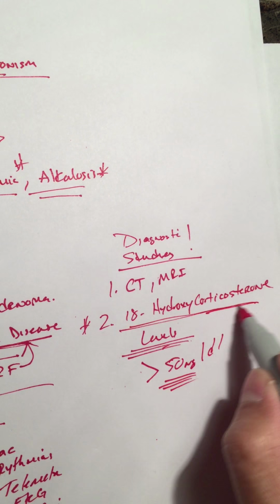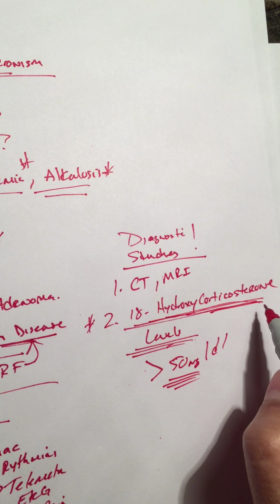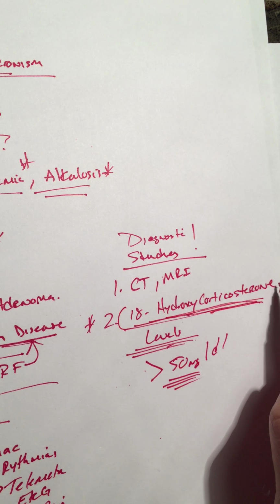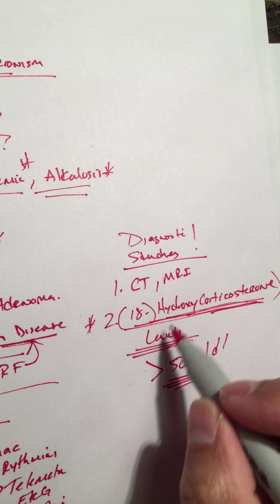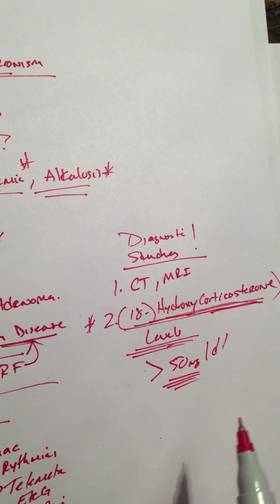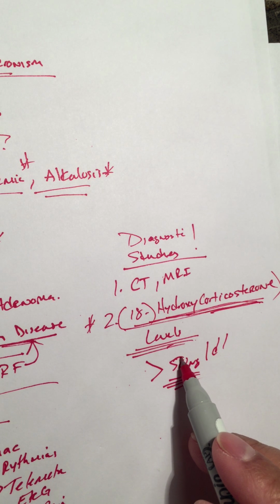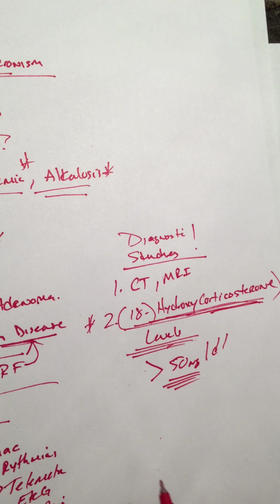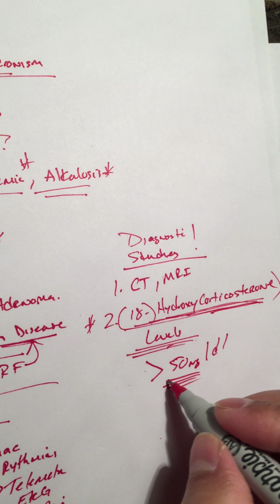This is kind of a very long name to remember, so if that helps you remember it, the 18 in it, again, that will tell you that it is hyperaldosteronism. And again, the level is greater than 50. Now this will typically indicate that there is some type of adenoma present. Okay?